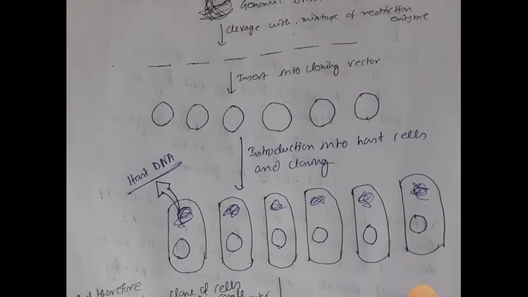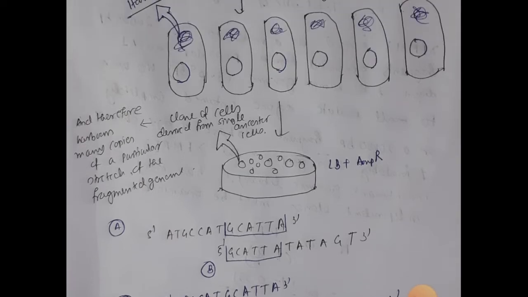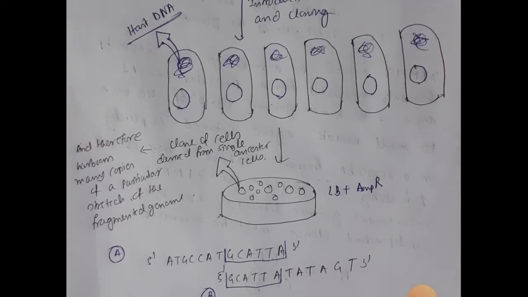Now suppose you want to sequence an organism's entire genome. Suppose there is an organism X whose genome is completely stored in the laboratory, in the library, sorry for that. So now you have to screen them.